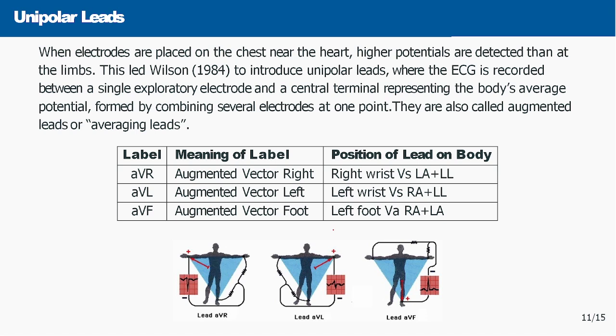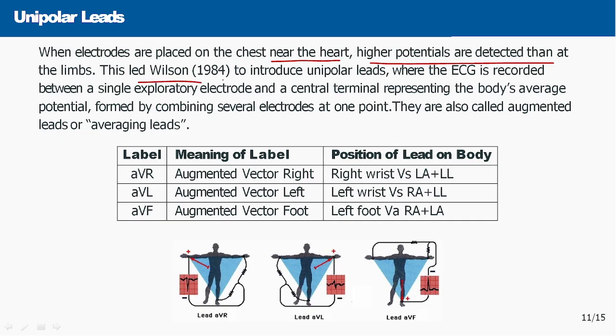Now, next is your unipolar leads. Among these unipolar leads, one is your augmented leads. When electrodes are placed on the chest near the heart, higher potentials are detected, rather than placing them on the limbs, which are away from the heart.